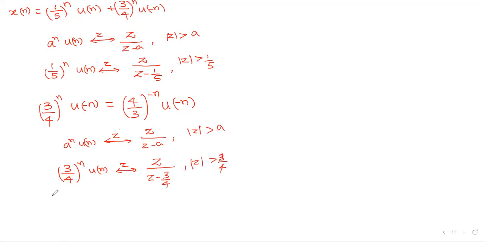Now apply time reversal property. Now what we will get? Sorry, this will become 4 by 3, right? Here also it will become, I told, 4 by 3 whole power minus n, right? So this is 4 by 3.